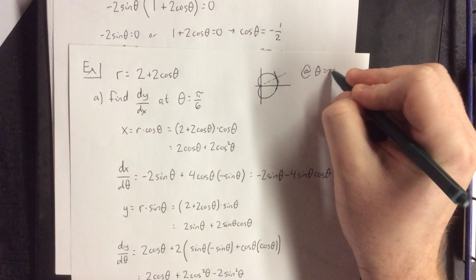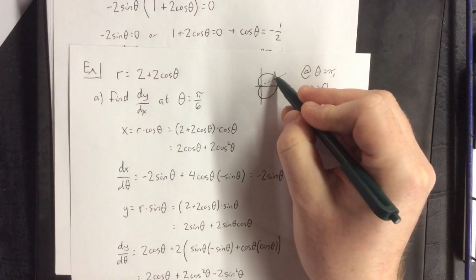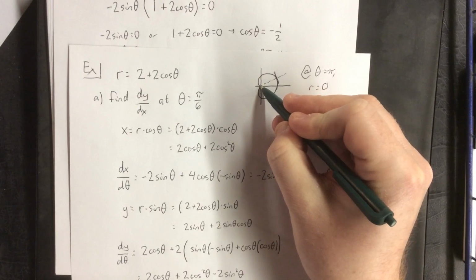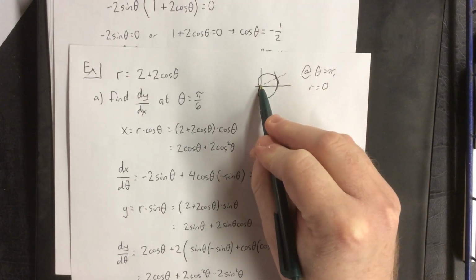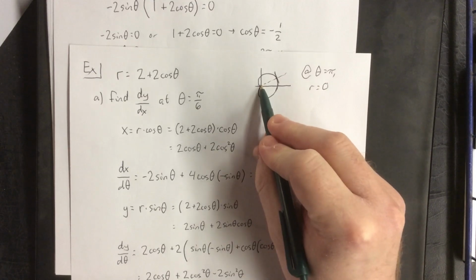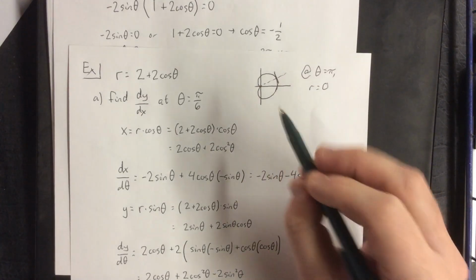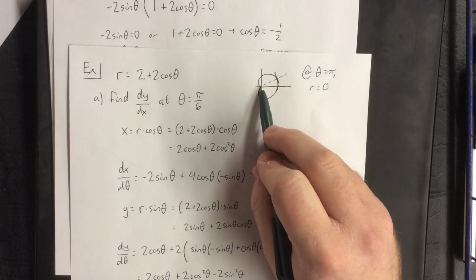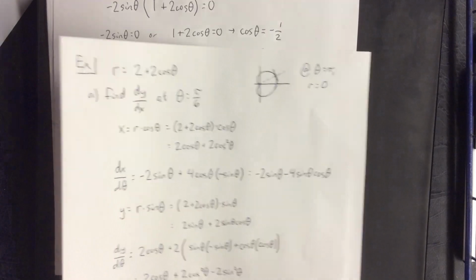So at theta equals pi, r becomes 0. What it's actually referring to is this point right here. If both dx d theta and dy d theta become 0, that indicates that there should be either a corner or a cusp on our graph, and that is exactly what we see at the pole for this cardioid.